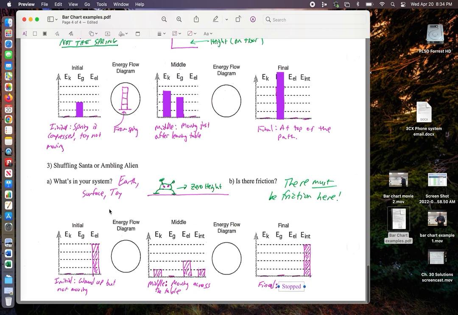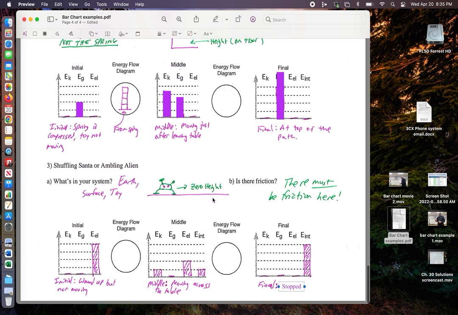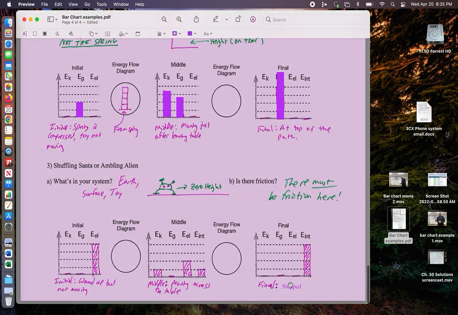And I wound it up, and it started moving across the table, and it ended up stopping at the table. In this case, I'm going to call zero height the tabletop, so I'm not going to make that kind of goofy like I did in the second example.